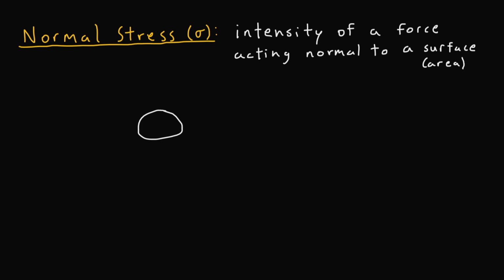So, let's say we have this surface or plane with an area, and there is a force that acts vertically upwards, perpendicular to the surface, in the normal direction to the plane, which we could consider as acting along the longitudinal axis, just like so.